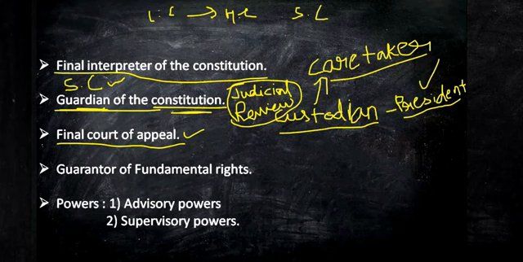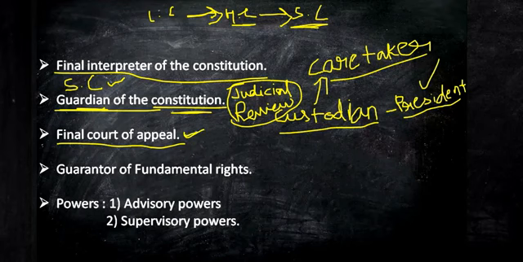Then from there he moved to the high court and even there he didn't get justice. Then from the high court he moved to the Supreme Court. Now the Supreme Court has become the final resort for his justice. So it is the Supreme Court finally where a person can appeal for justice. Is it clear? So that's why the Supreme Court is considered the final court of appeal.